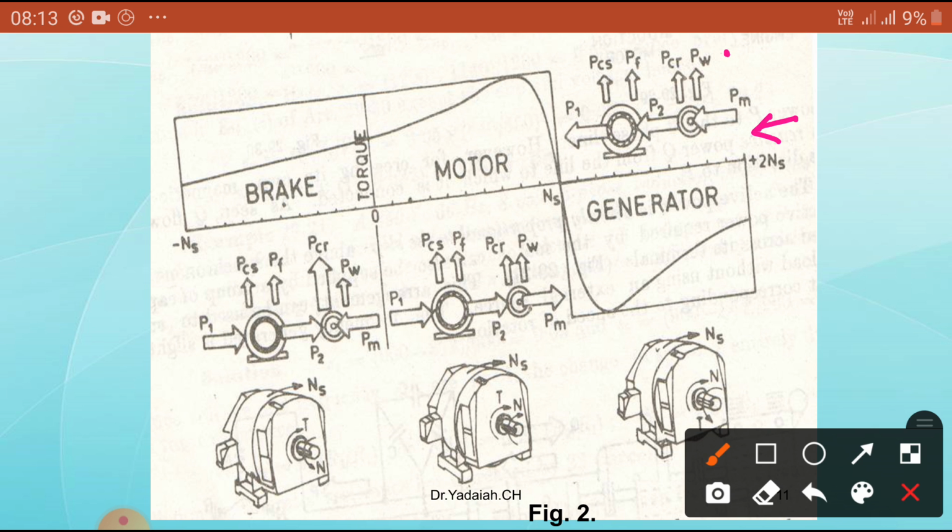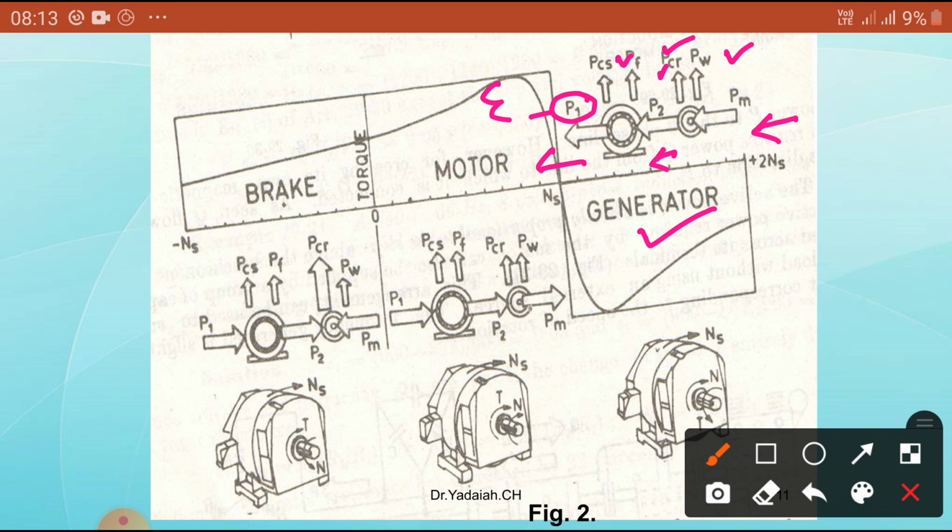After the friction and windage losses and rotor copper losses, P2 is the rotor output, which is the stator input. From that, after some iron losses and copper losses, we get P1 as electrical energy. So it gives electrical energy, and we can say it is the generator condition.